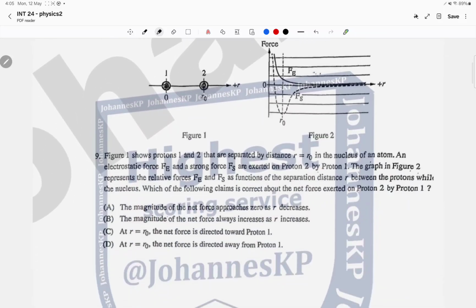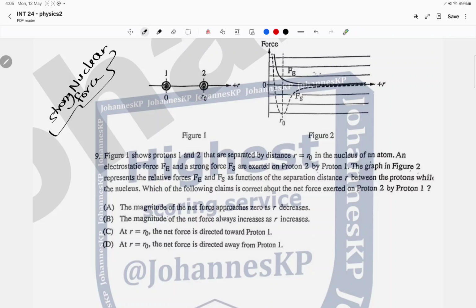Question 9. Are you familiar with the term strong nuclear force? Yeah. What is that? There's more protons. Okay. Does it mean attraction or repulsion?